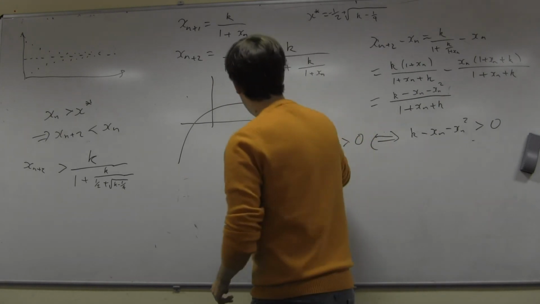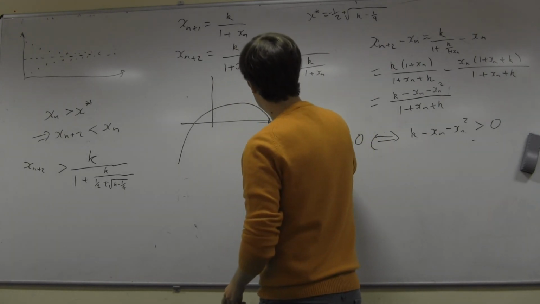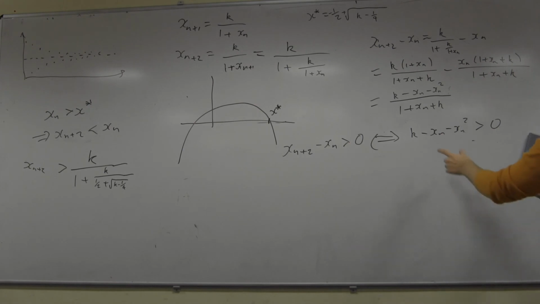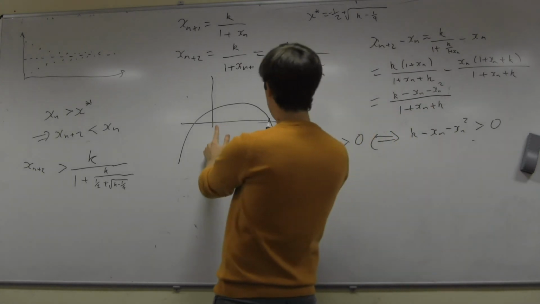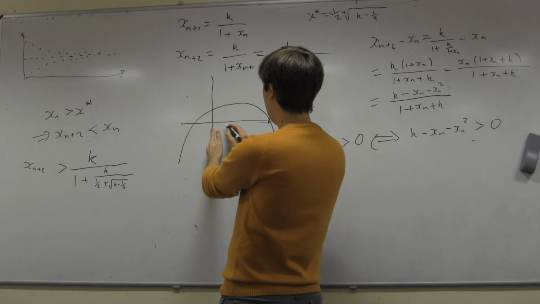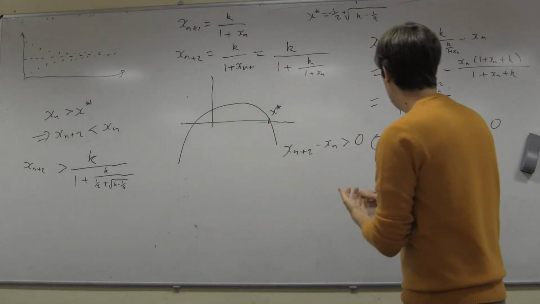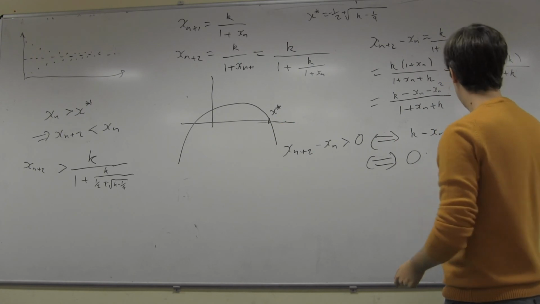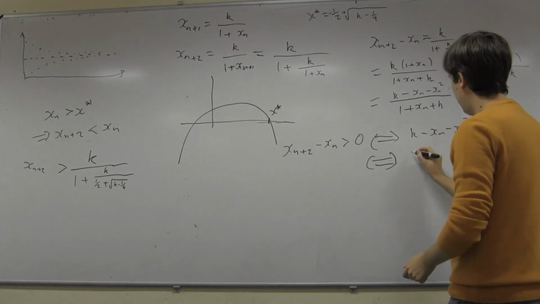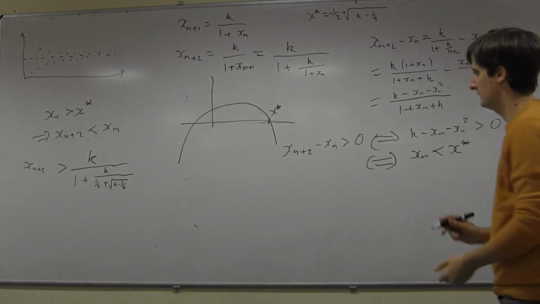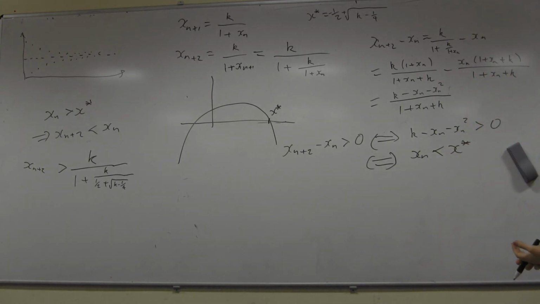We know this point here is x star. We want this to be bigger than naught, so that means xn has to be in this interval between 0 and x star. So this is if and only if xn is less than x star.